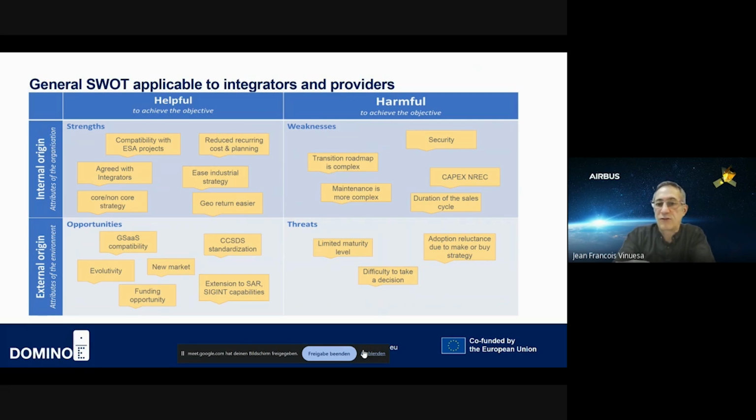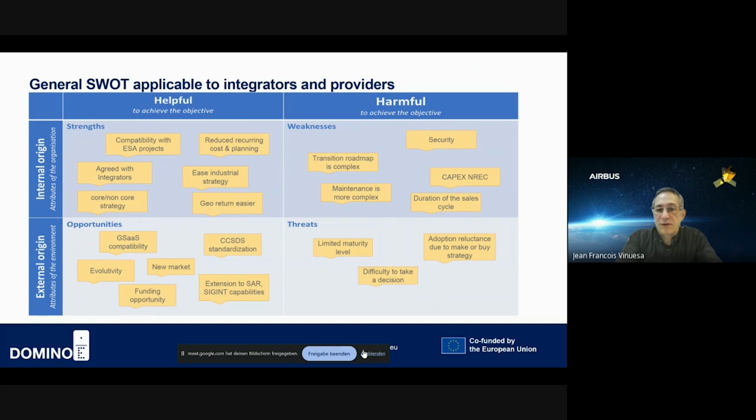They're going to sell them to integrators, and I don't think it's easy. We have some weaknesses in this approach. We have some threats, but we have also some strengths.